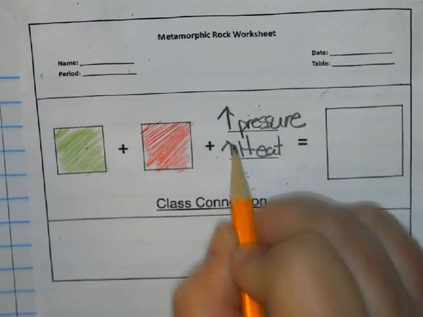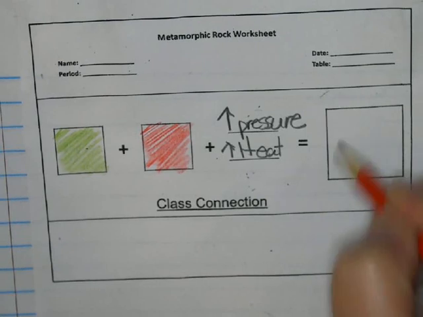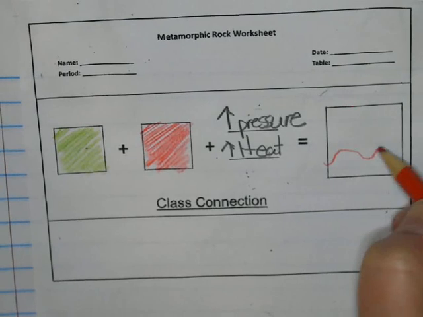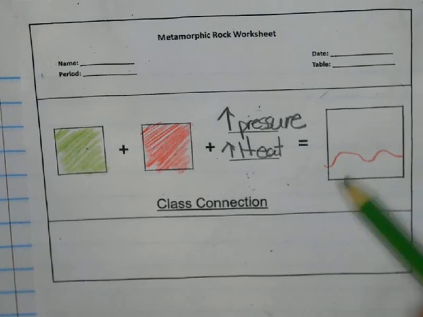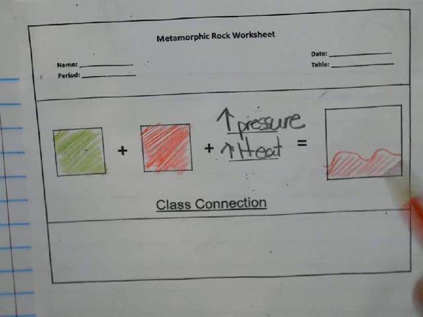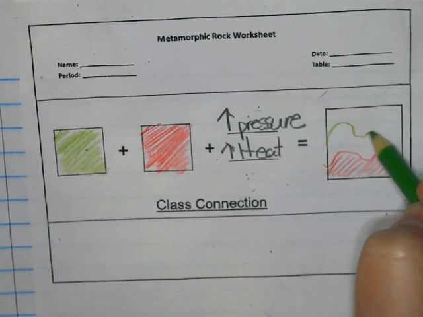And what we saw with our metamorphic rocks was we had some examples of when those starbursts got smashed together. They had kind of wavy layers. Pretty colors too. So you're going to go ahead and draw that in. Remember, they're different than sedimentary rock because it was wavy and sedimentary rock was flat.